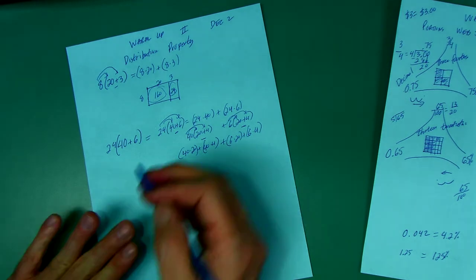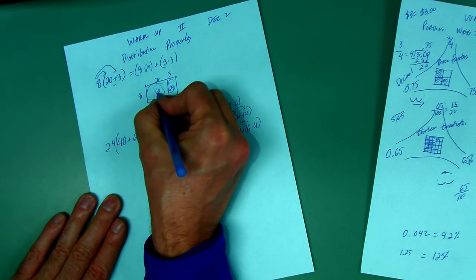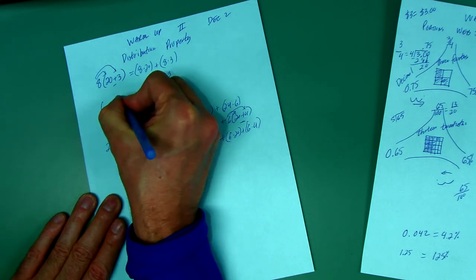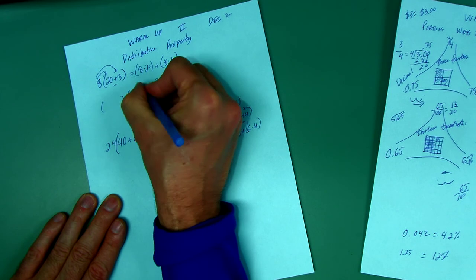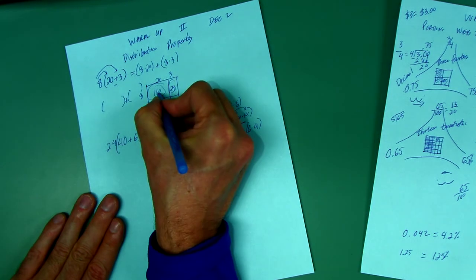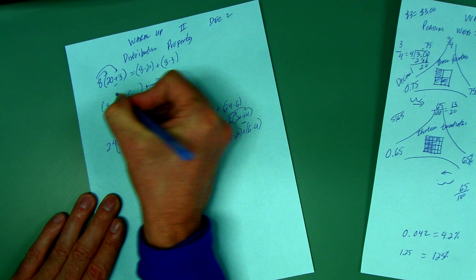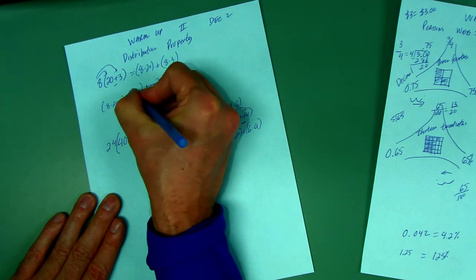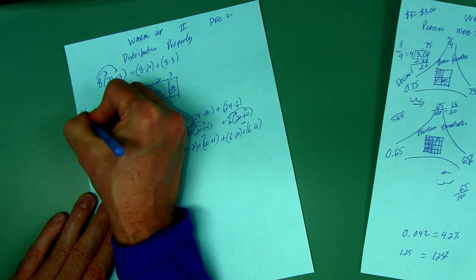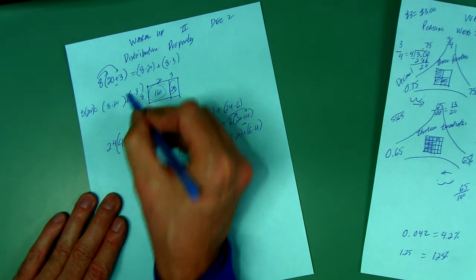What does that mean? 8 times 20 plus 3. This box is going to get a set of parentheses. This box going to get a set of parentheses. Now, how'd you get that 160? It was 8 times 20. How'd you get that 24? It was 8 times 3. 8 times 20 plus 3 equals 8 times 20 plus 8 times 3.